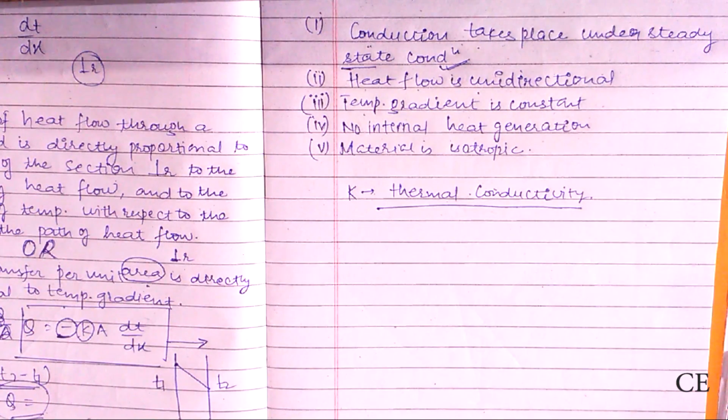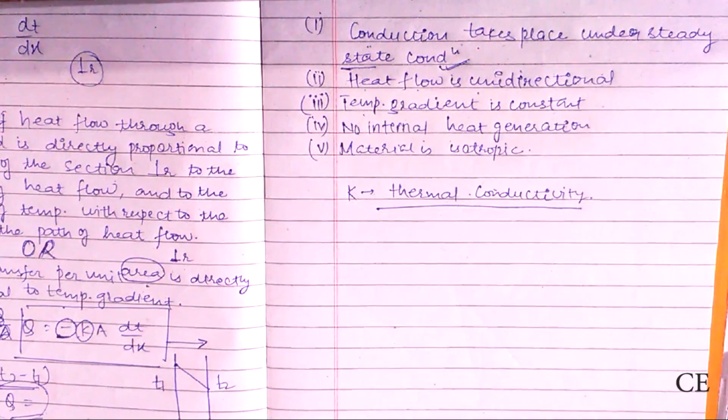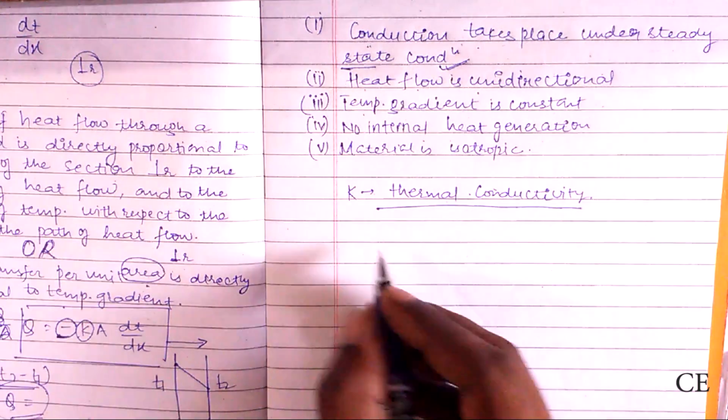Thermal conductivity is the property of a material or substance that characterizes its ability to transfer heat by conduction to another body, and we can say that the larger the value of K, the larger the heat transfer rate. The value of K for metals is very high, followed by non-metals, and for plastic it is very low, so there will be very little heat transfer in plastics but very high heat transfer in metals. Now let us find out the unit of K.